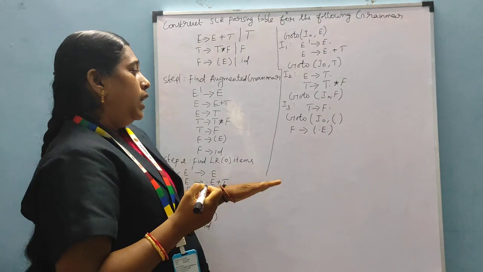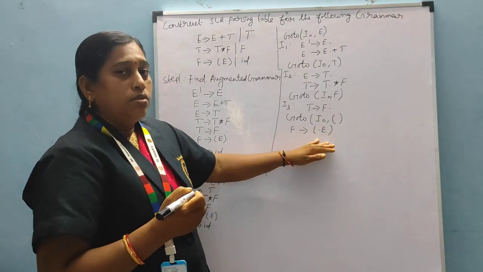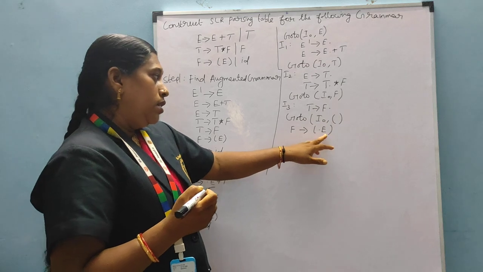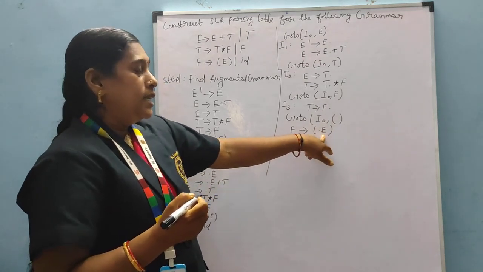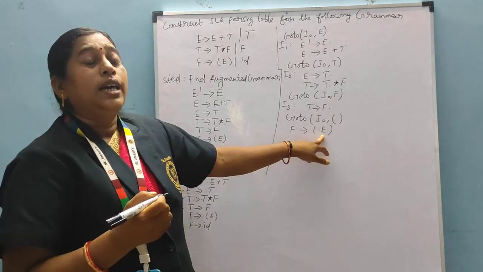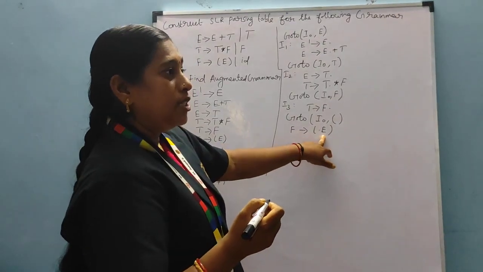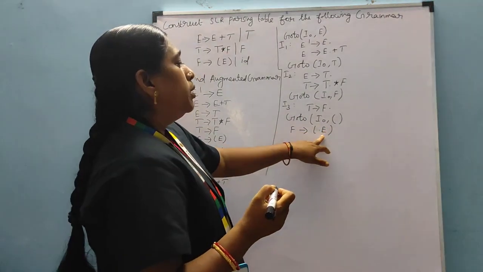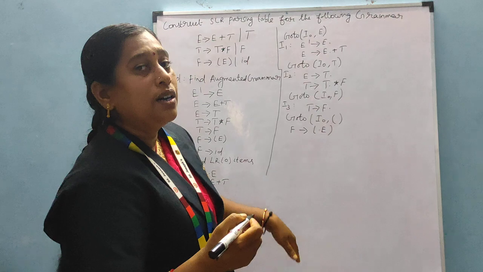See, while we are moving here, after movement of the dot, it contains a non-terminal E. In the sense, whatever non-terminal is present, that non-terminal's production has to be added from the I naught state.